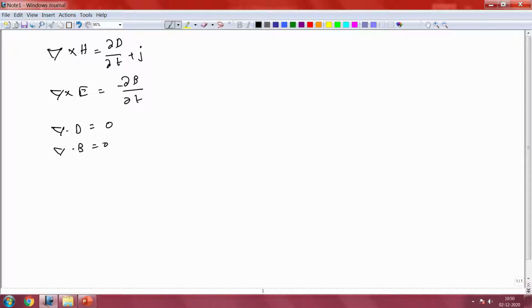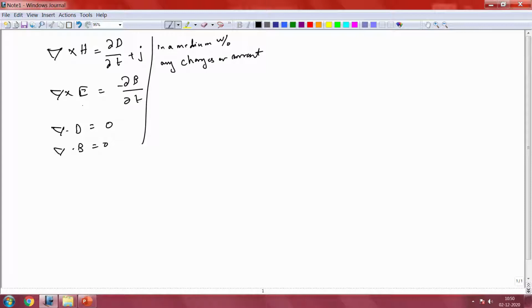So, these are the wave, or let us say symmetric, partial differential equations in a medium without any charge or current. Let us say this is a dielectric medium. If it is a dielectric medium, this is what you see.